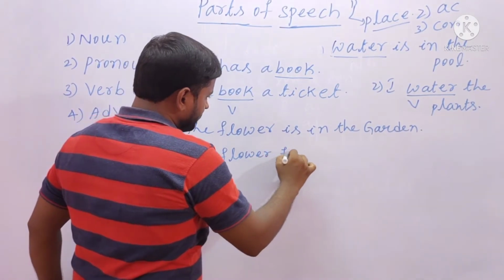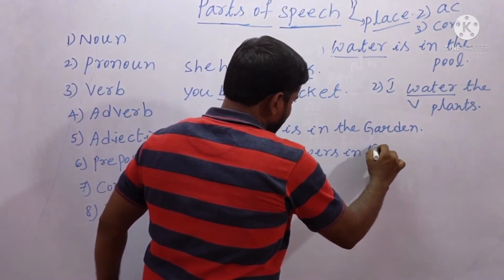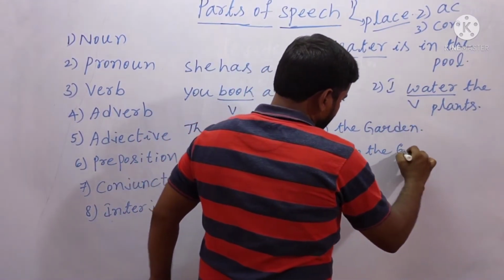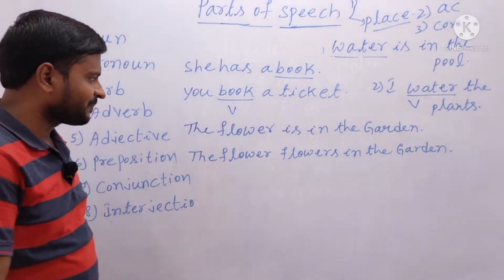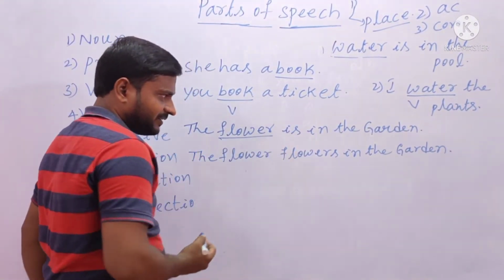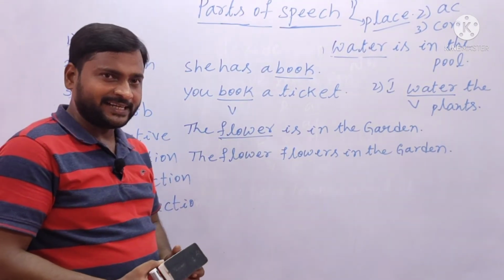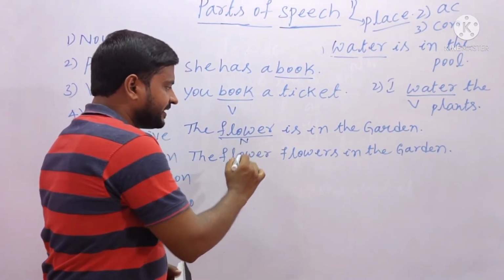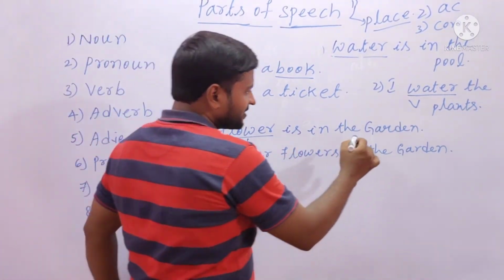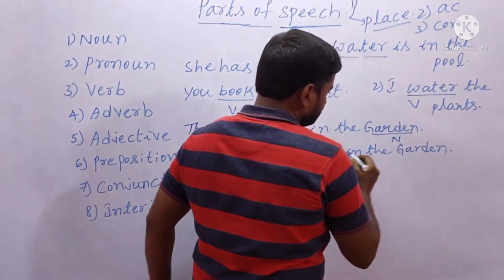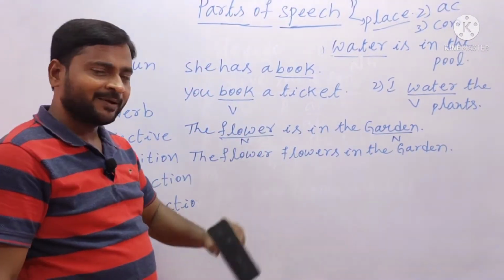The flower flowers in the garden. Flower, as you know the meaning of this word, which is the actual meaning, will be a noun. Here garden also is a noun. The word in is a preposition, is a verb.